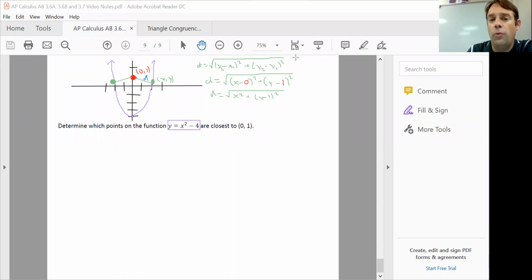So I do know what y equals. If I were to plug it in, I end up with x squared plus x squared minus 4 minus 1 squared.